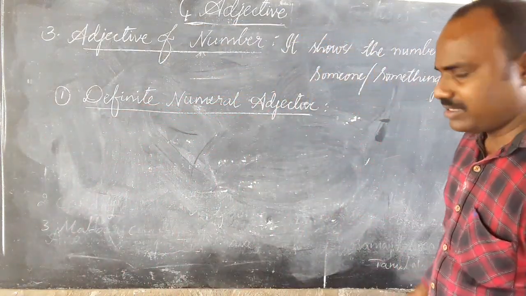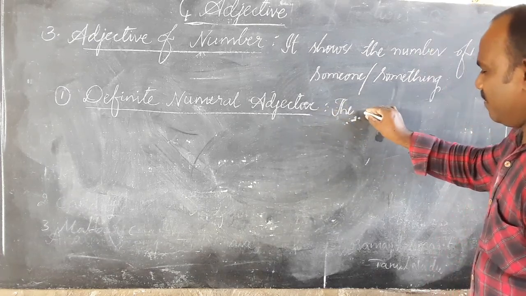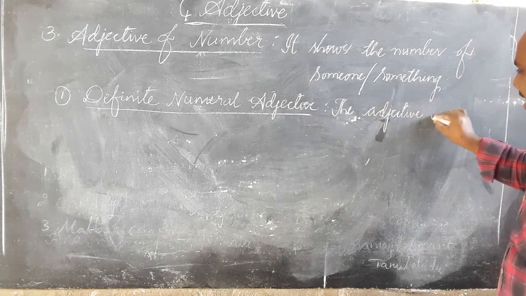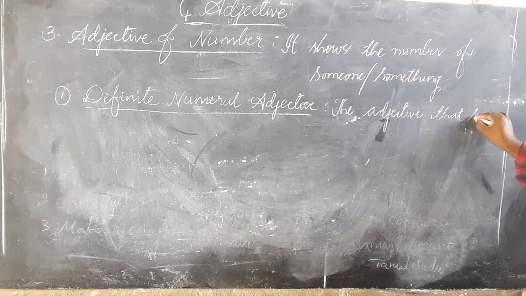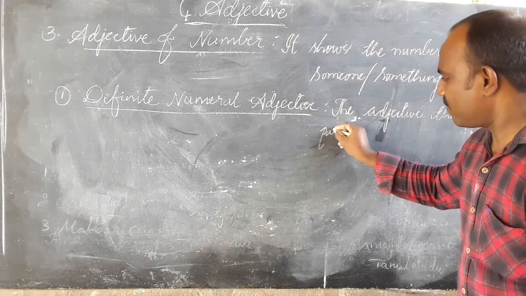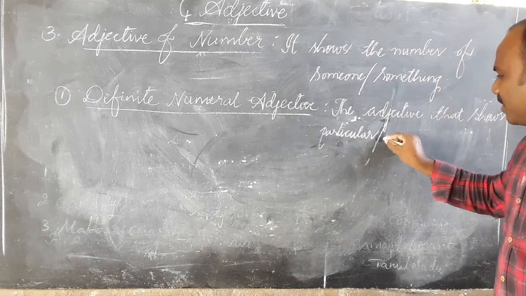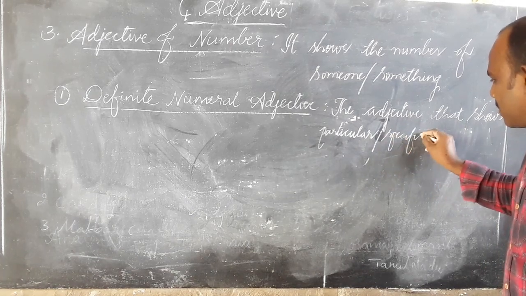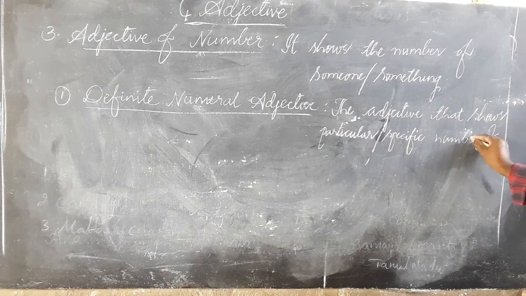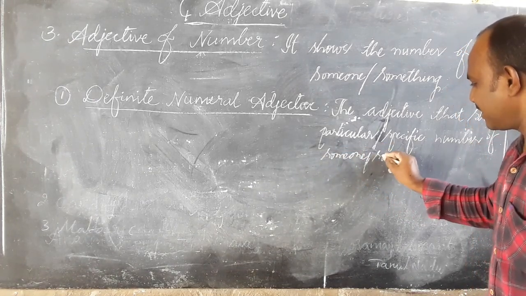I have told you, definite means here the adjective that shows a particular or specific number of someone or something.